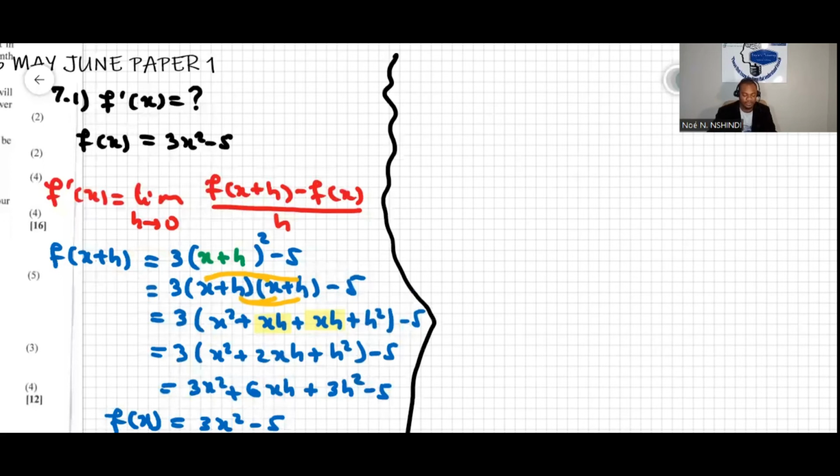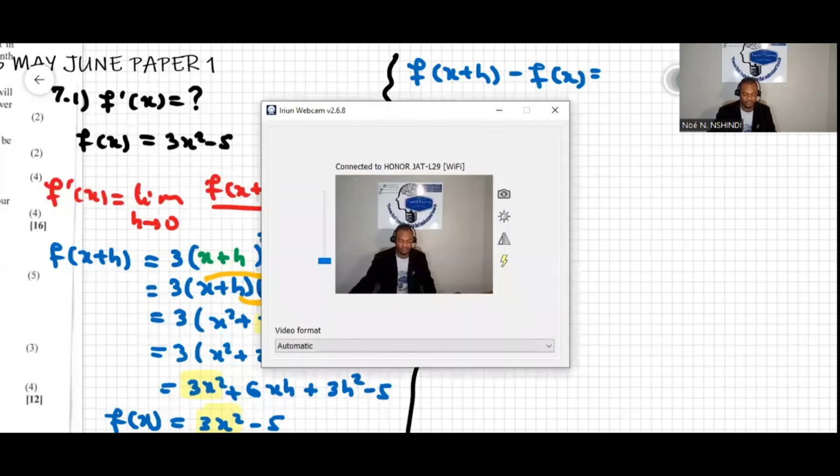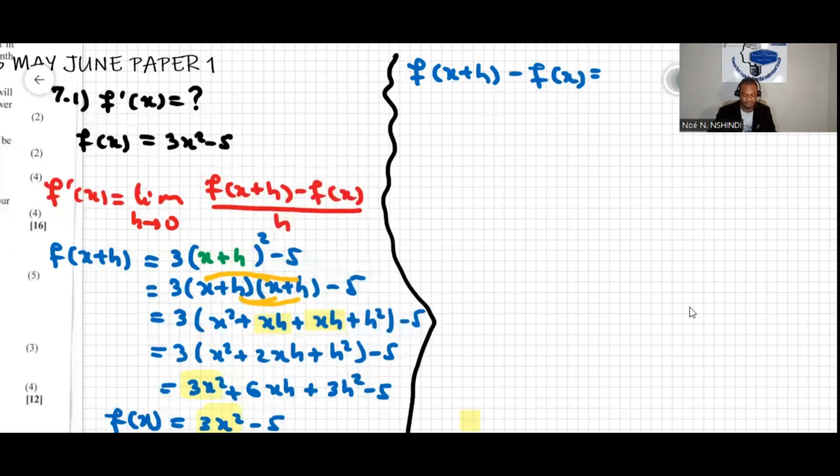We can now work out f of x plus h minus f of x. Now let's see, this is equal to what? We have 3x squared here and 3x squared there. If we do the difference, the two will fall.